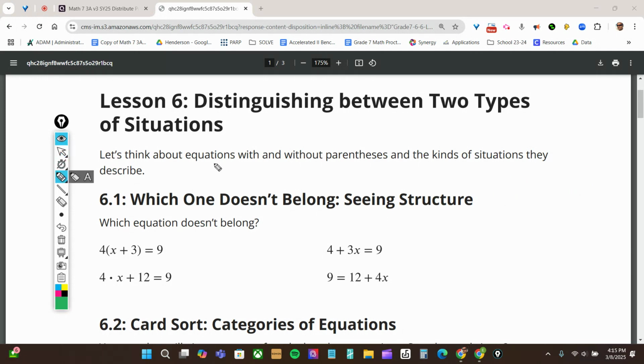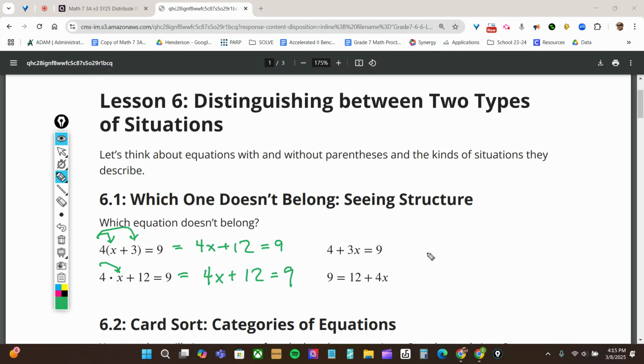Alright, what we got here? We got some equations. Alright, I think that's a little better. 4x plus 12 equals 9. Then we got this right here, which is equal to 4x plus 12 equals 9.